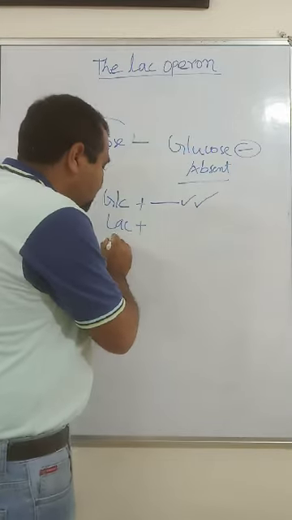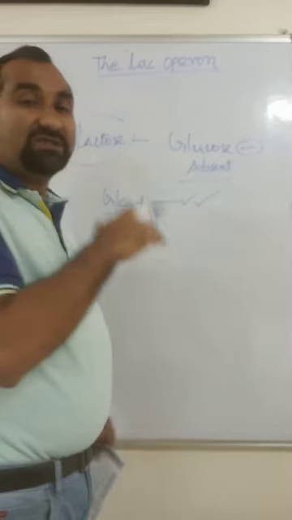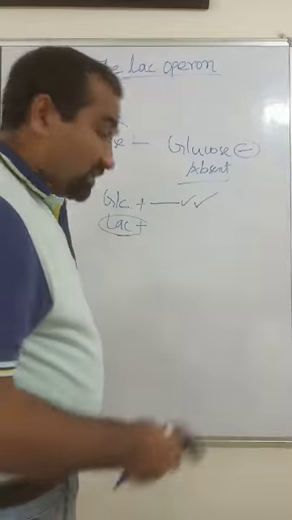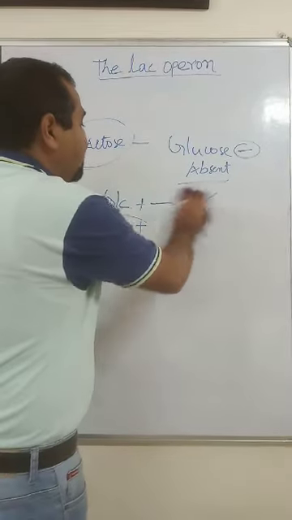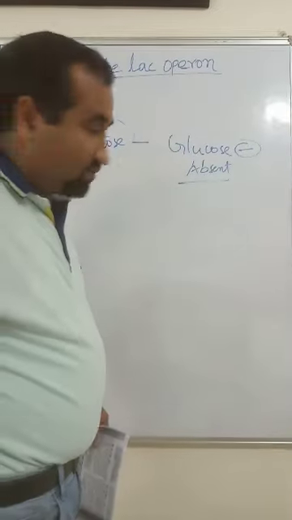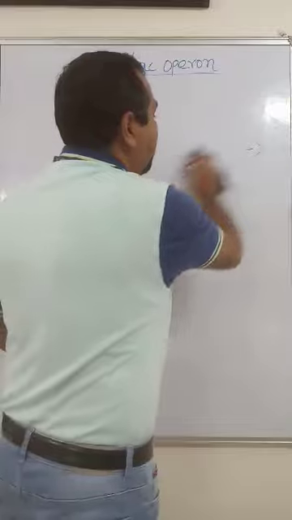Lactose can only be used as an energy molecule when glucose is completely exhausted and none remains. But the question is, as we discussed last time, that the lac operon is a negative inducible operon.